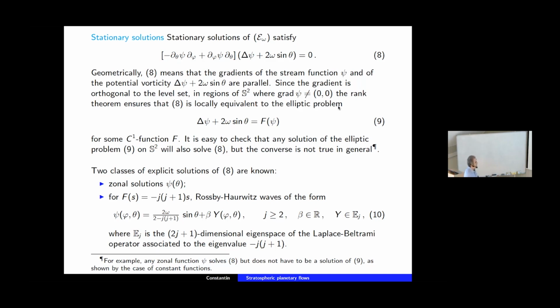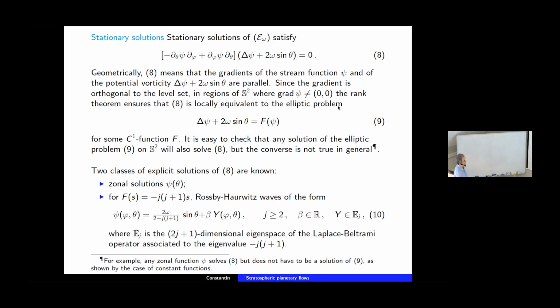And there are some explicit solutions. First of all, zonal solutions, so functions that depend only on theta, where theta is latitude. Any function of this type will be a solution. The other class of explicit solutions is built on spherical harmonics, and they are called Rossby-Haurwitz waves. Spherical harmonics have 2 indices, but one doesn't matter.